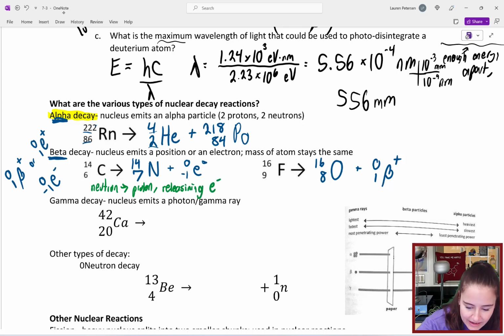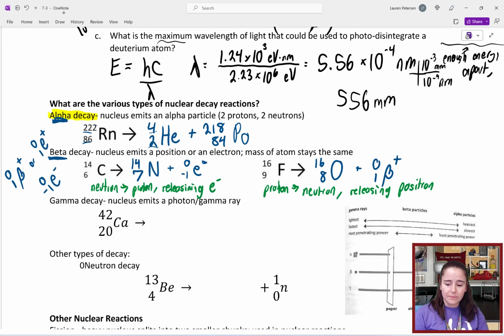And here we have a proton changing to a neutron by releasing a positron. Okay. Positrons have the same mass as an electron, but an opposite charge. They are the antiparticle of an electron.